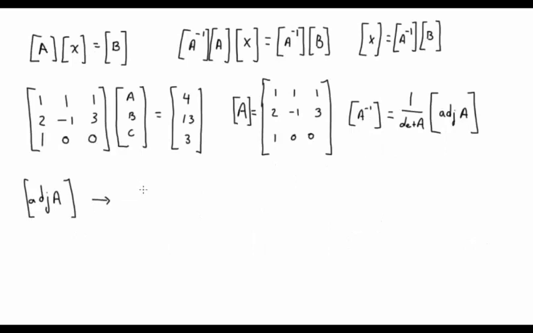The adjugate matrix involves another term, which here is called the transpose of matrix A. Now the transpose of matrix A is fairly easy. If we take a column, we turn it into a row. So first column becomes first row, the second column becomes the second row, and finally the third column becomes the third row.